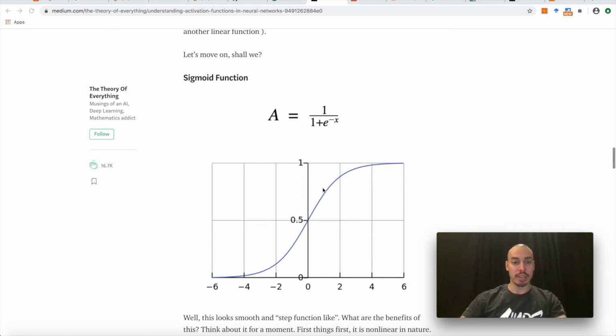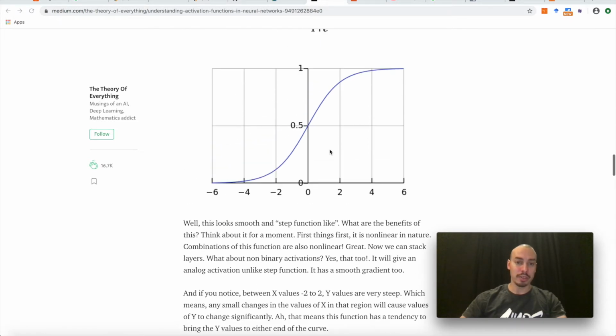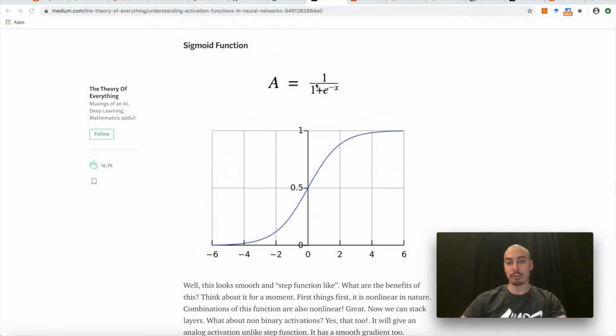But now we actually get to the interesting part, and that comes close to our question, why ReLU over Sigmoid? So Sigmoid is defined as 1 over 1 plus the exponential function e to the power of minus x.